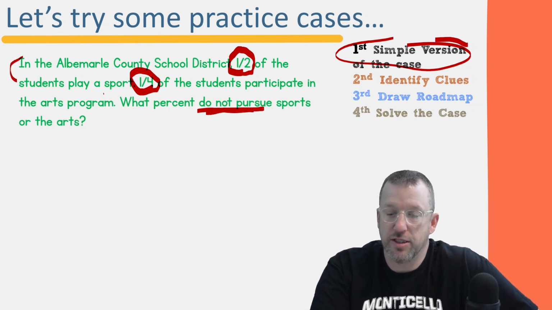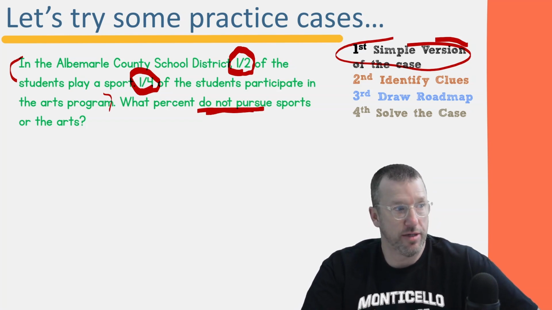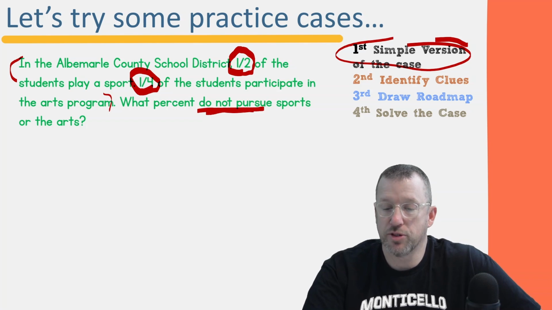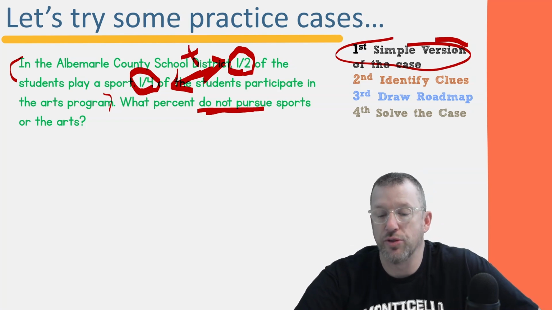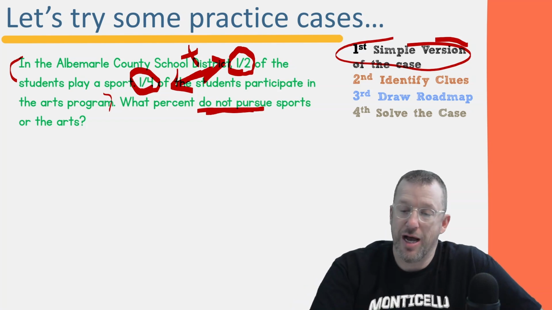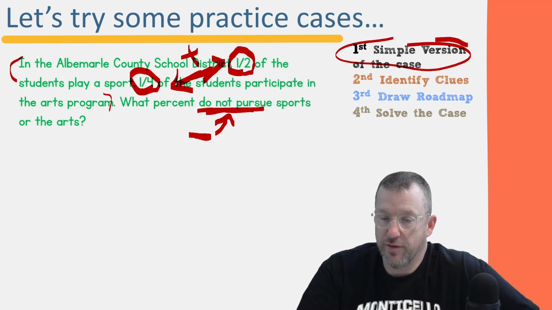These two phrases are telling us that we have a half and a fourth that do something. And we want to know what section does not. So these two phrases kind of lead me to think we're going to add those two together, because we need to figure out what's left over, right? What percent do not? That tells us that we're going to eventually have some sort of subtraction situation going on, all right? So I've identified the clues.